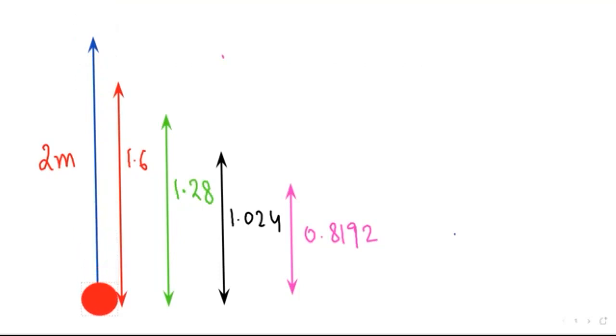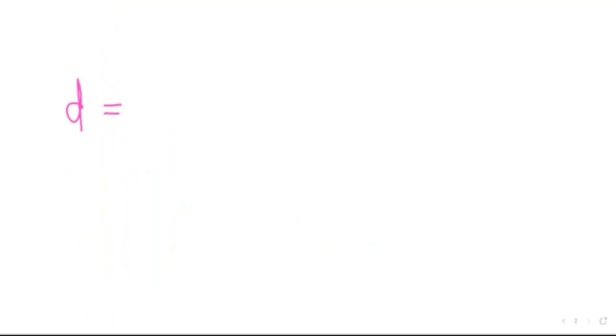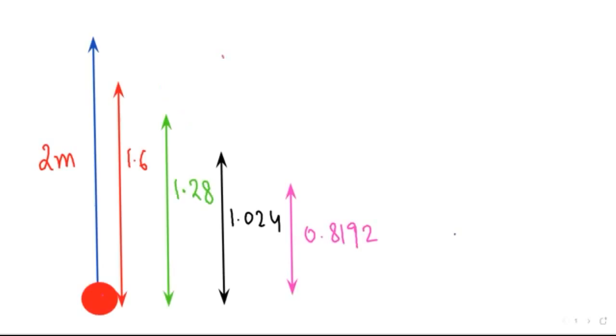For the first bounce, the ball travels a distance of 2 meters. This is the distance traveled by the ball before the first hit.